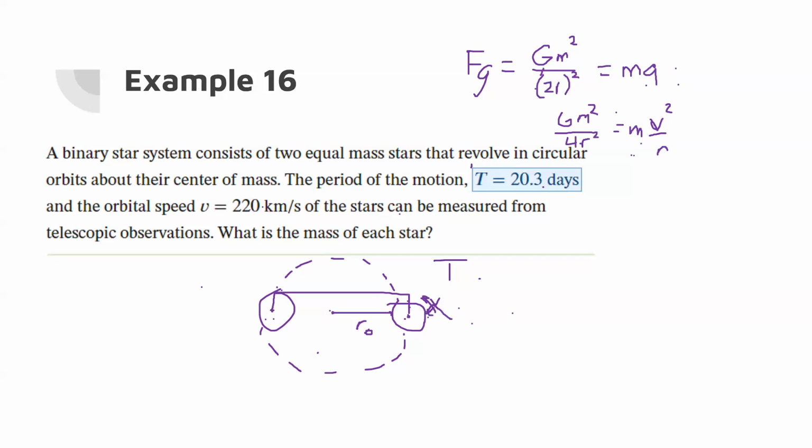One of my masses cancels and this r cancels, and since I'm solving for the mass, I get that m is equal to v squared times 4r, one of my r's canceled, just 4r, divided by G. And that is my answer.